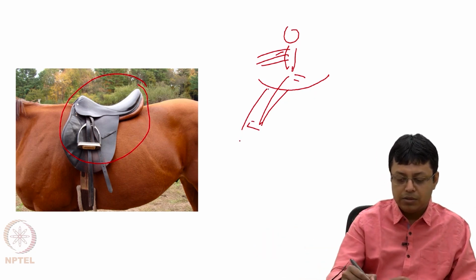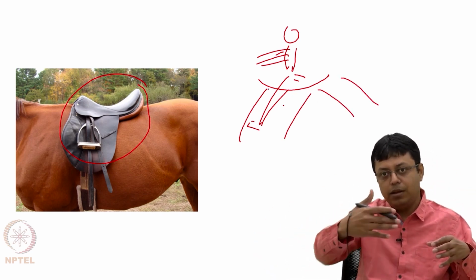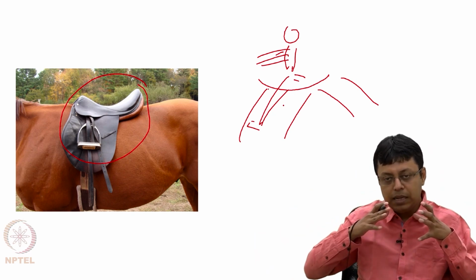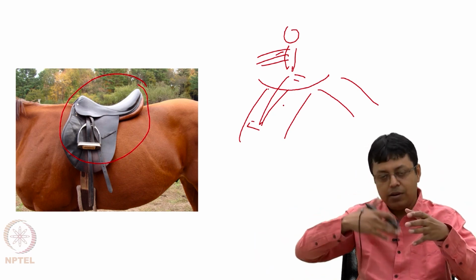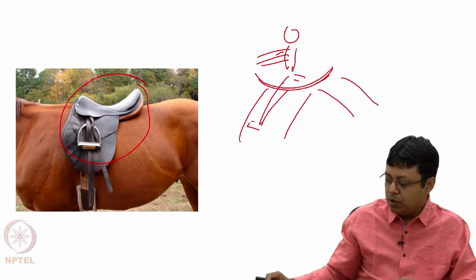But when you are moving along the length of the horse, you also have a curved surface like this, so that you do not slide horizontally. So we have a better picture here. This is known as a saddle.